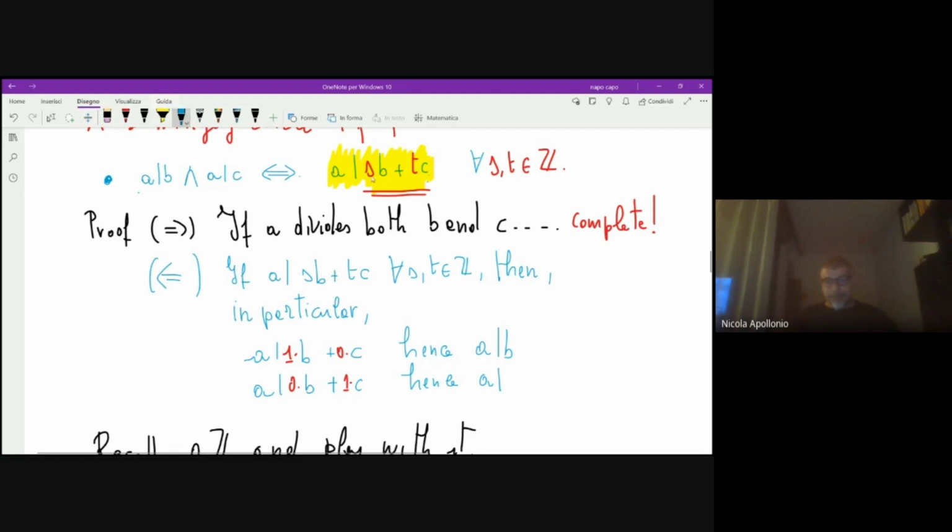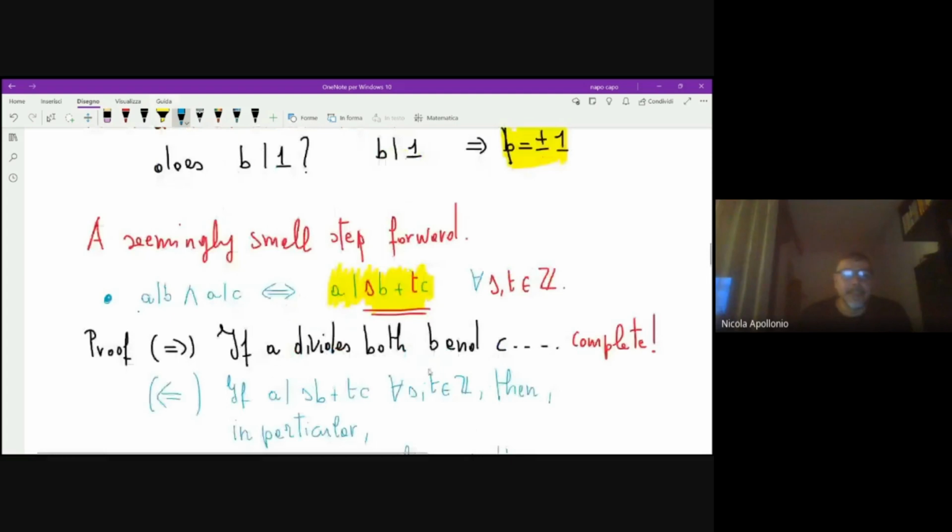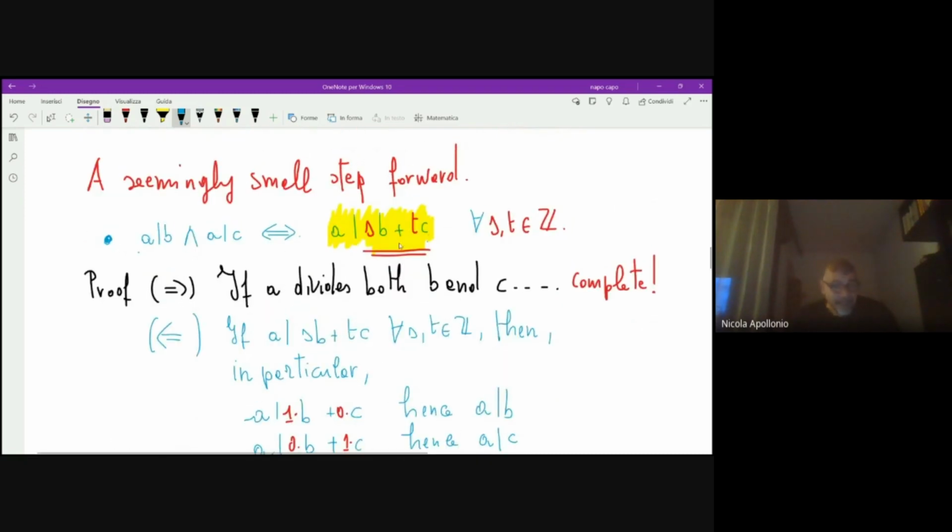I don't know if this is clear. We wanted to prove that any time A is a common divisor of B and C, then A divides any linear combination of B and C. Conversely, what I proved is that whenever A divides any linear combination of B and C, necessarily A divides B and A divides C. Therefore, whenever A divides any linear combination of B and C, A is a common divisor of B and C. You can take this statement as the definition of common divisor.